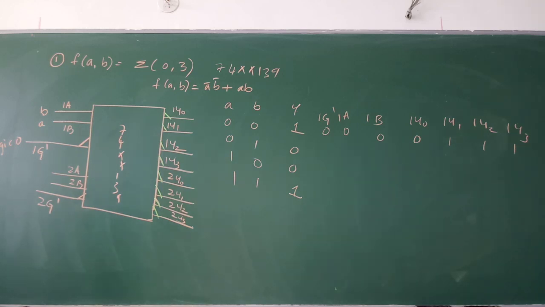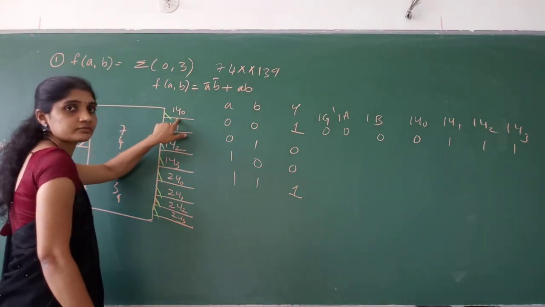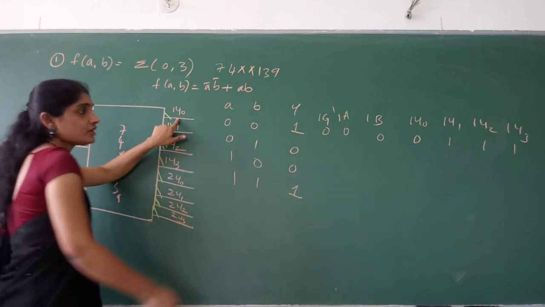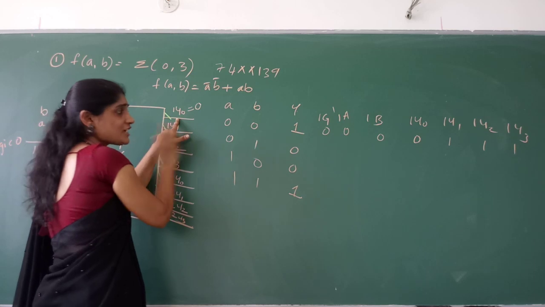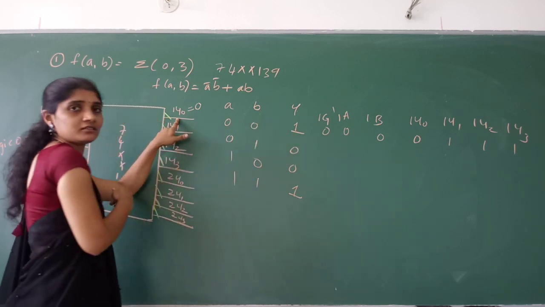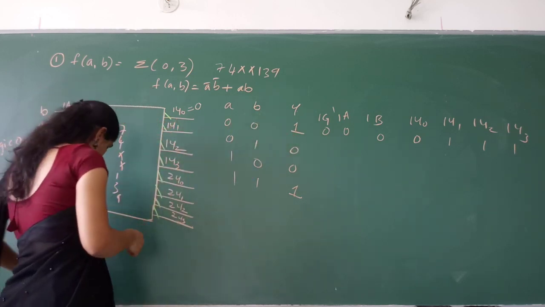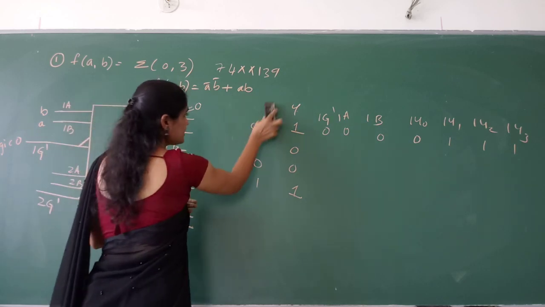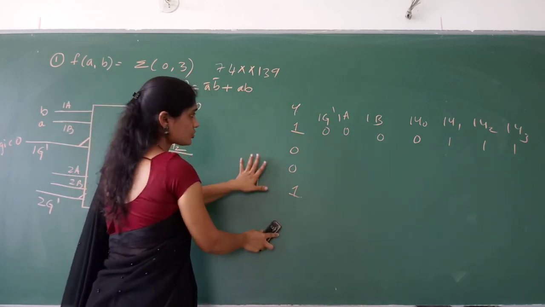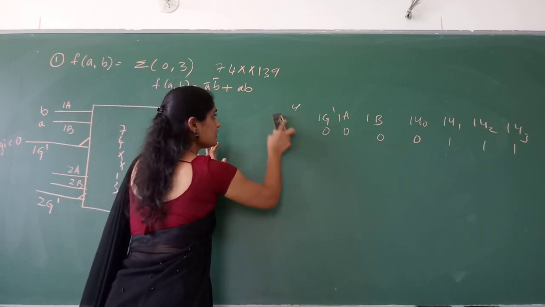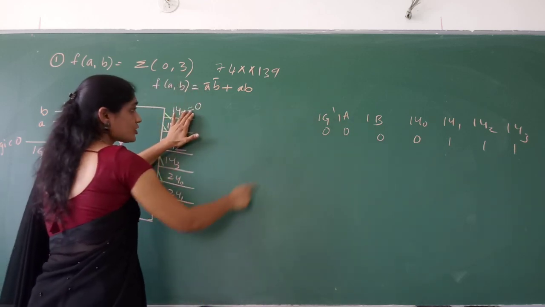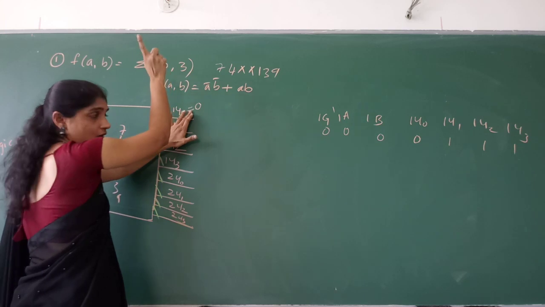So if I give A, B as 0, 0, Y0 is active. That means I am getting 0 at Y0. But I should not get 0, I should get 1. So what do I do? This truth table is required. So here I am getting 0, but actually for 0 I should get the output as 1.